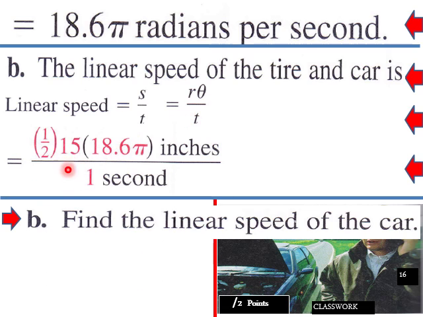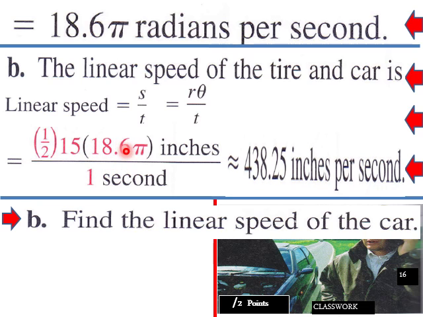So our radius here is 1/2 of 15, since it's a 15-inch diameter. So the radius will be 1/2 times 15 times our radians here over 1 second. And when we crunch that on your calculator, you get 438.25 inches per second.